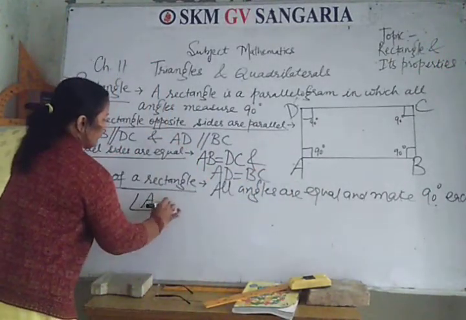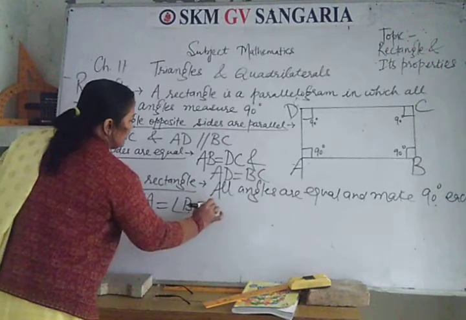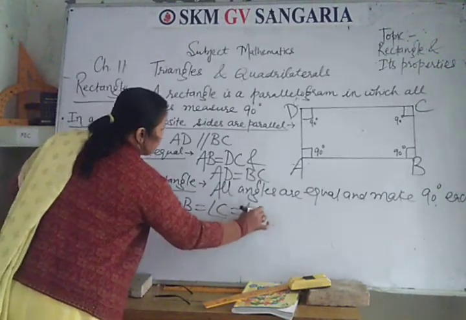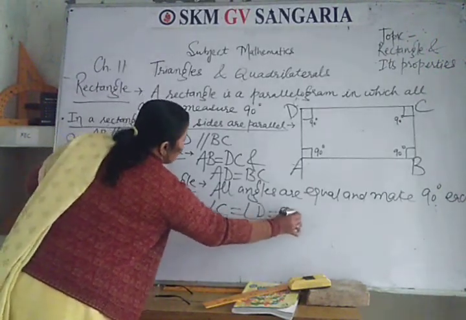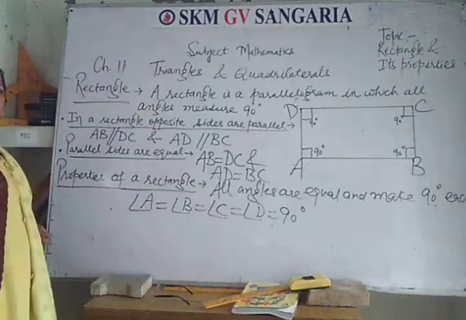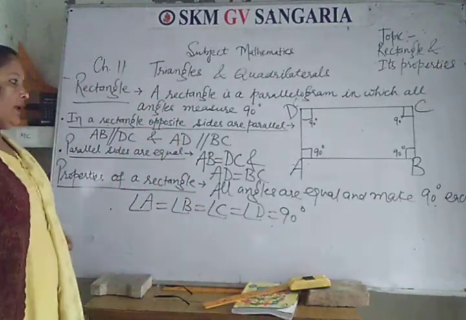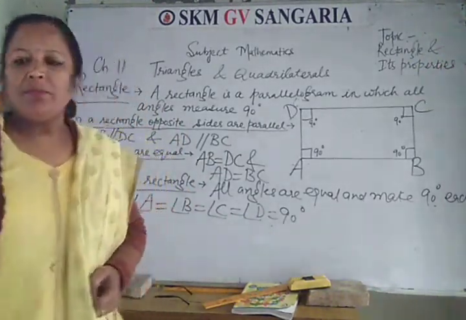Angle A is equal to angle B is equal to angle C is equal to angle D. How much? All are of 90-degree measure.